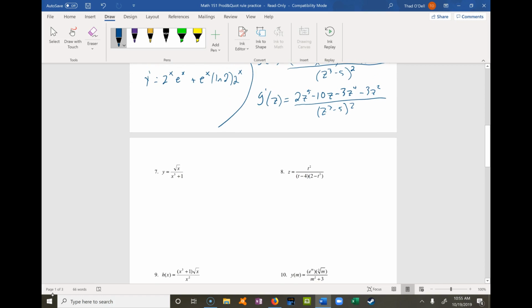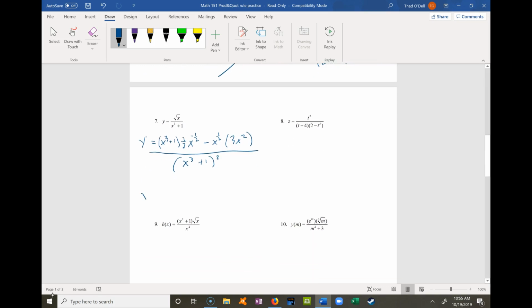So we're going to go y prime is low, would be x cubed plus 1, d high, which would be negative or 1/2 x to the negative 1/2, minus high x to the 1/2, d low, which would be 3x squared, all over x cubed plus 1 squared.